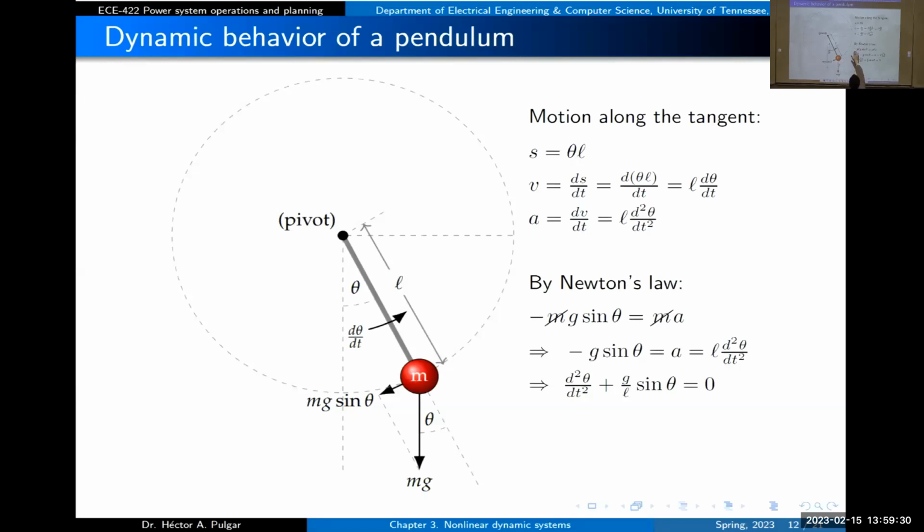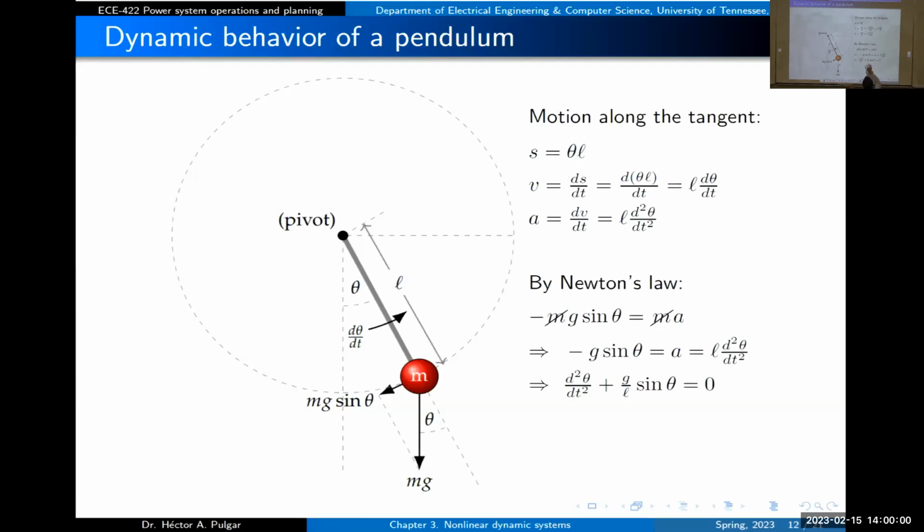So you will have negative mg sine of theta, and that must be equal to the mass multiplied by the acceleration A. By replacing here the acceleration A, we got here, we replace it right there. We can see that the mass gets canceled in this equation. And then we can isolate for the second derivative of theta, and you get this second order equation.